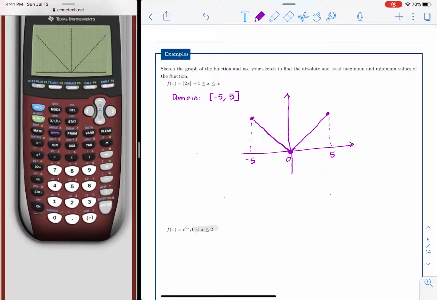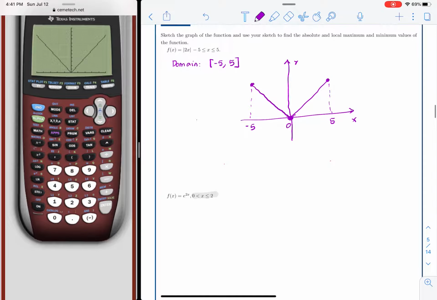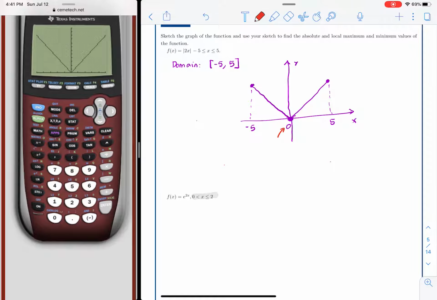Now it's interesting here because the lowest value of all possible values, it's obvious, and that happens at x is equal to 0.